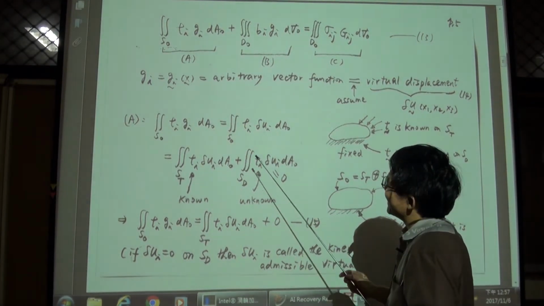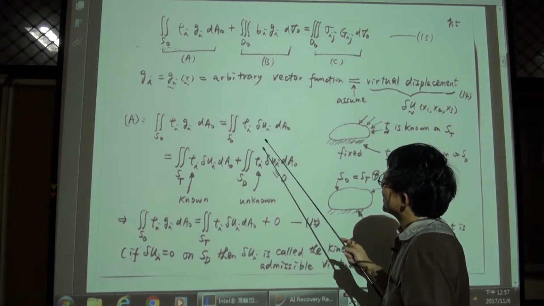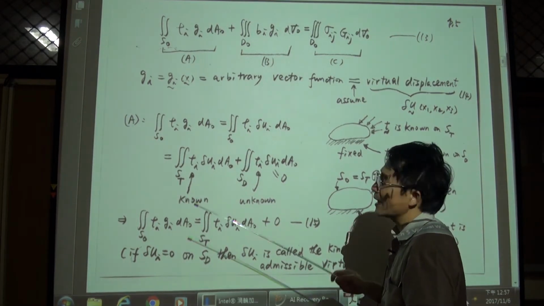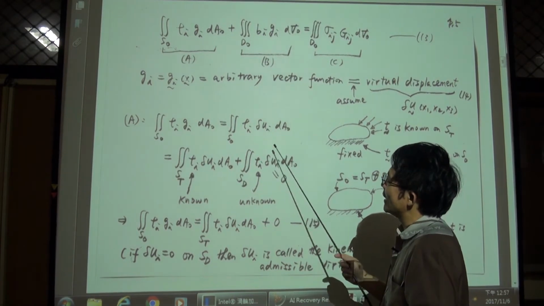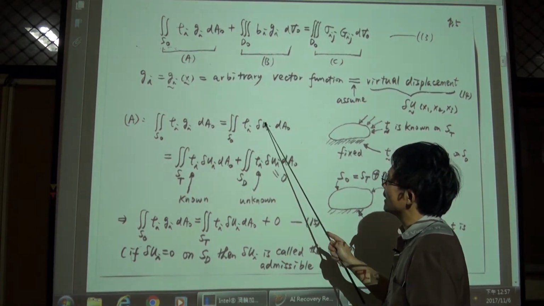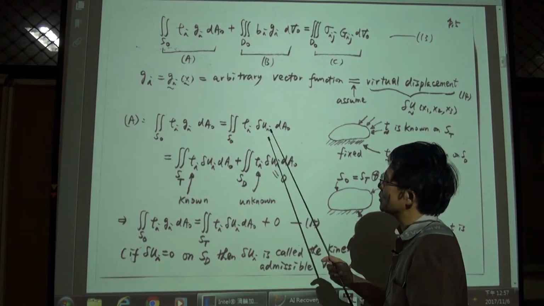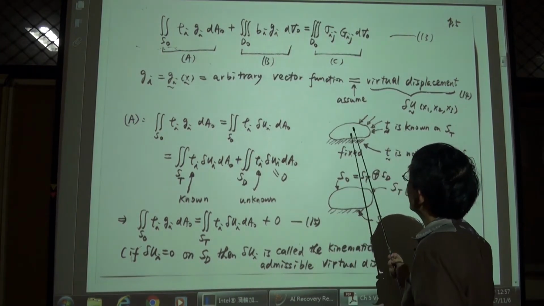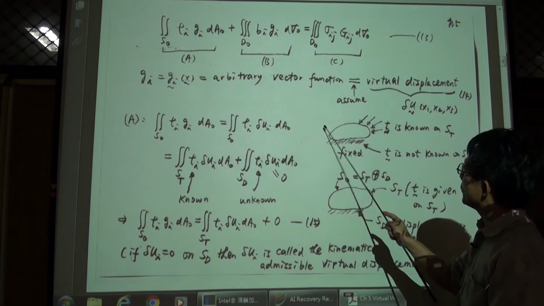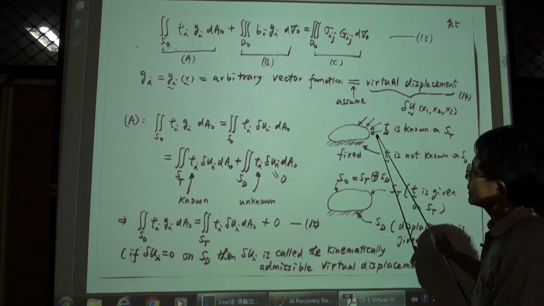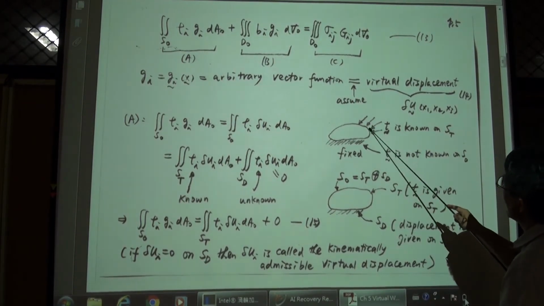And then we begin to worry about another thing. Now we have interpreted this term as the virtual displacement. Now we consider a case on the surface. On some part of the surface we apply the traction.